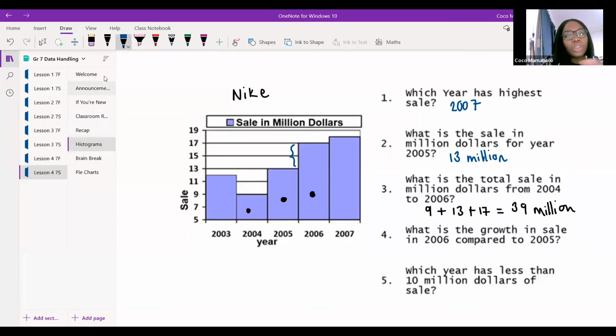I love that you're always so enthusiastic to answer questions. I'm just going to give Adam a chance. Hi, Adam. So 17 minus 13 million would be 4 million. Excellent. That's it. The difference between the two years is 4 million. So they made 4 million more in 2006 than they did in 2005.